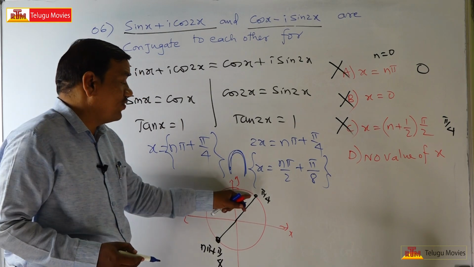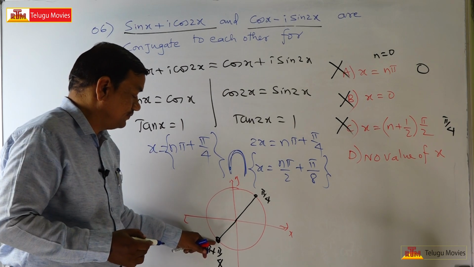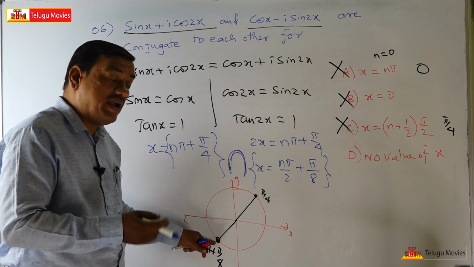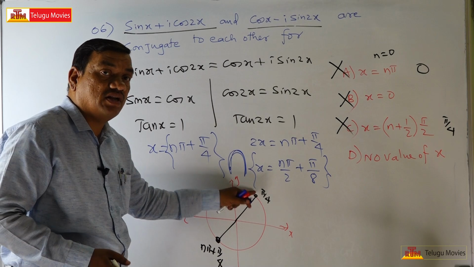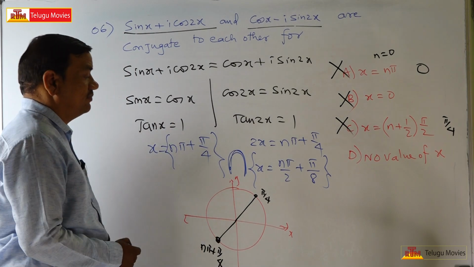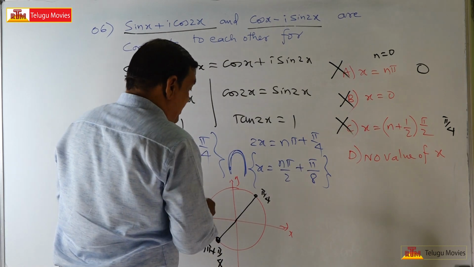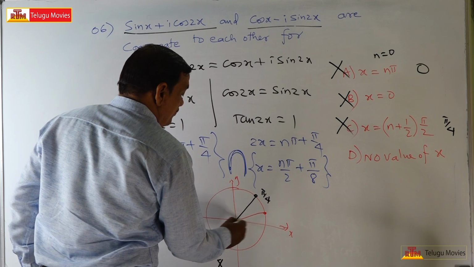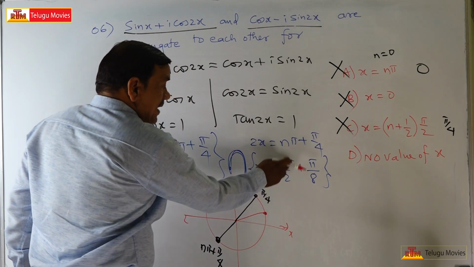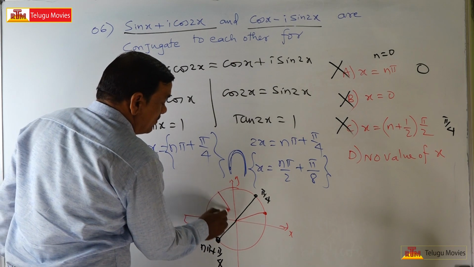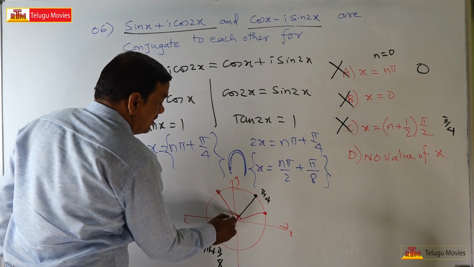If it is π/4, the next number is π + π/4, and the next is 2π + π/4, which again comes back. So your numbers will rotate like that. Next, π/8 will be somewhere here, half of π/4. Then π/2 + π/8, the next number, will be perpendicular, here.